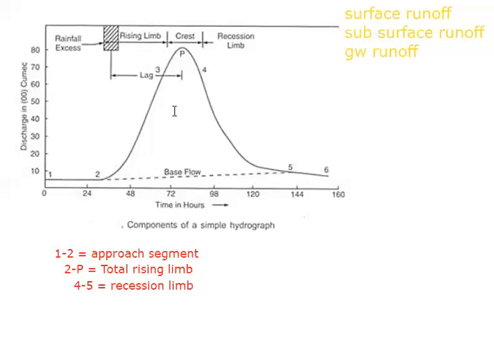So the shape of a recession limb, or a falling limb, is generally not dependent on the rainfall characteristics, but it always depends on the basin characteristics.